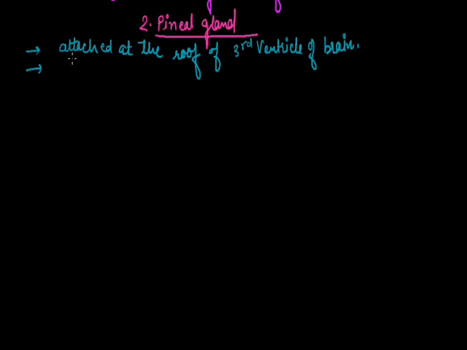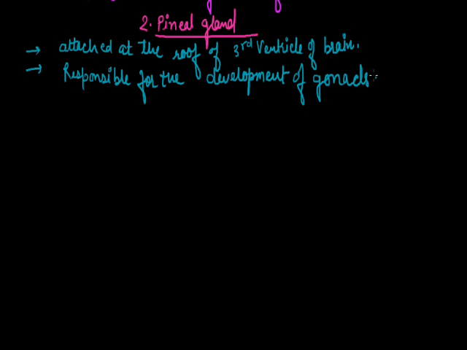It's responsible for the development of gonads. So the pituitary is mainly related with the growth of the body, and the pineal gland is related with the growth of reproductive organs.